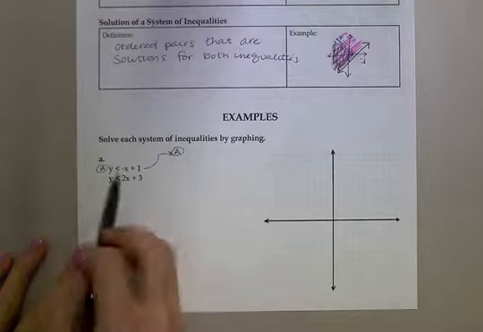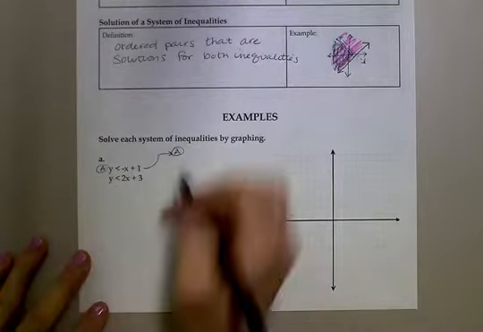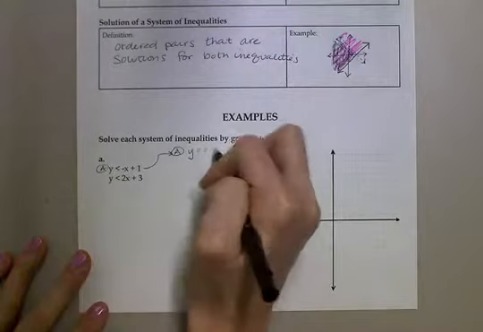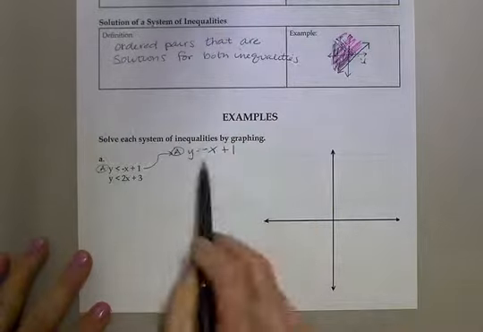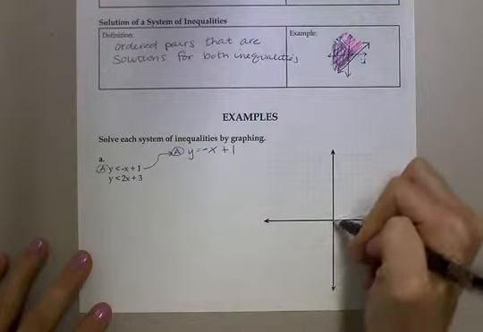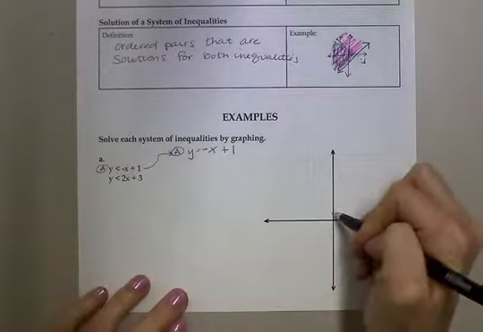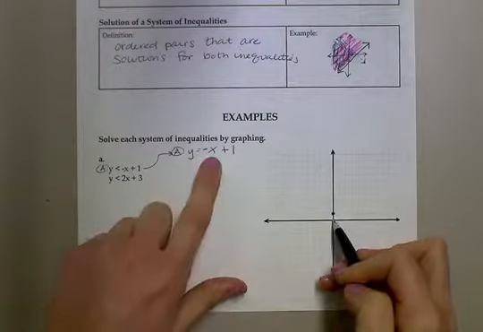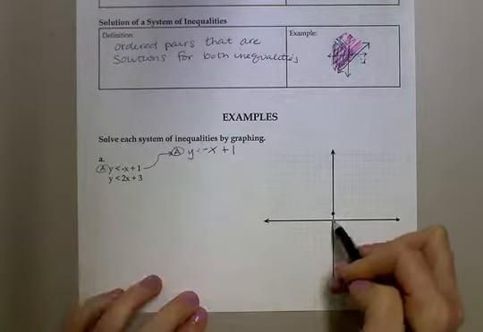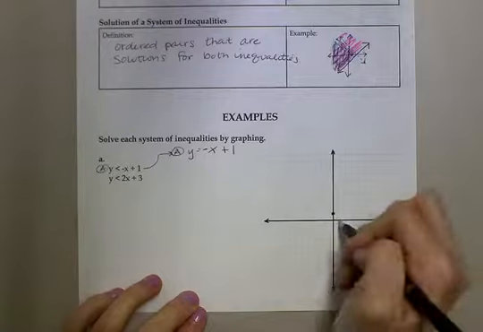Let's treat it like an equation, so we just put an equal sign in place of the inequality sign. So y equals negative, or the opposite of x, plus 1. So let's graph this. Starting at the origin point, let's find our y-intercept, which is 1. And we know our slope is negative 1, so we're going to go from our point down 1 and right 1.